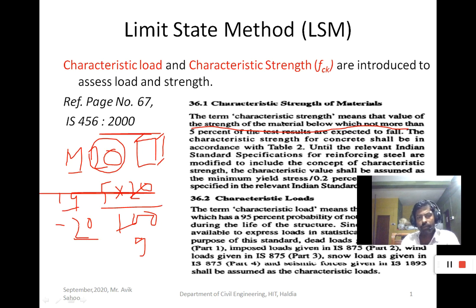The concrete is tested after 28 days to get the characteristic strength or ultimate strength. So your test strength should be within 19 to 20, then it is okay, and we make the M20 grade of concrete.